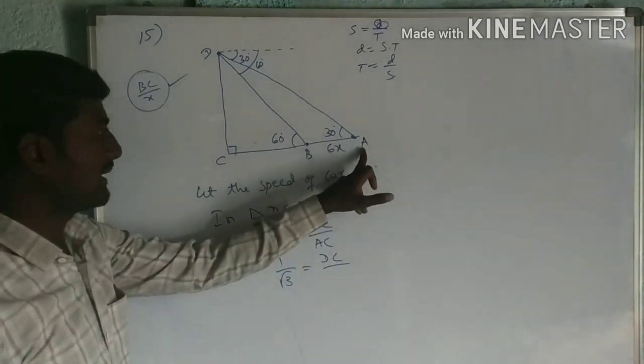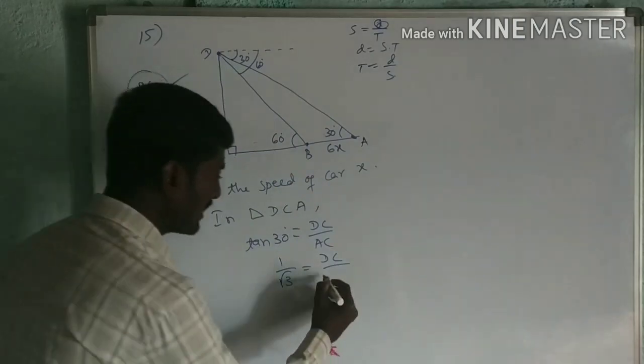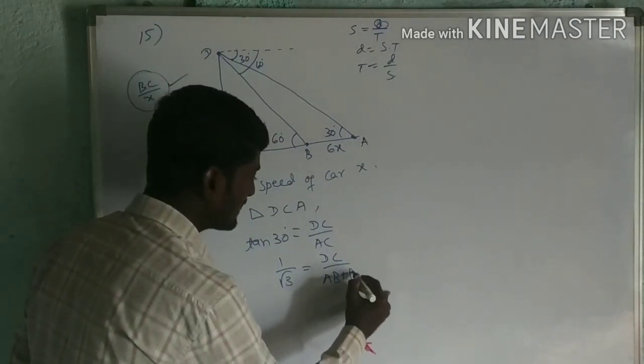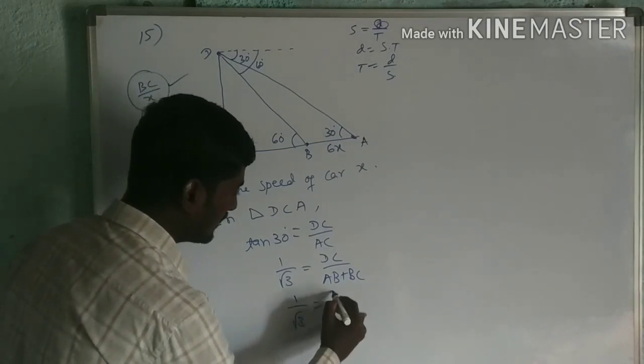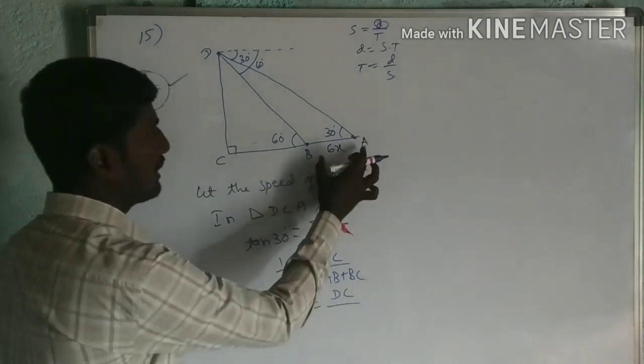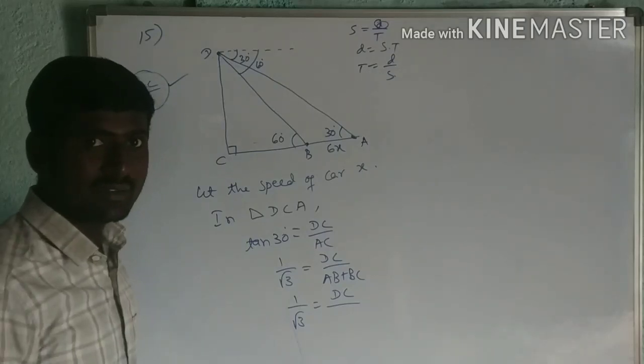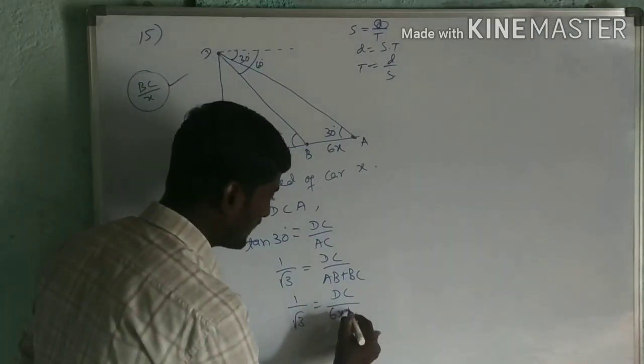This AC can be written as AB plus BC. So 1 divided by root 3 is equal to DC divided by AB plus BC. AB is 6x, so 6x plus BC.